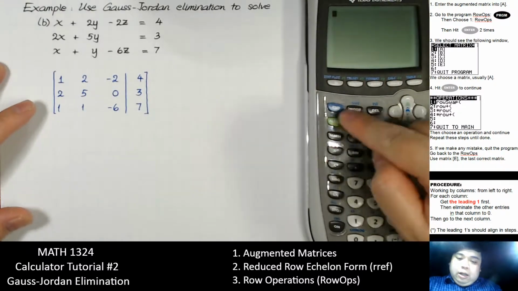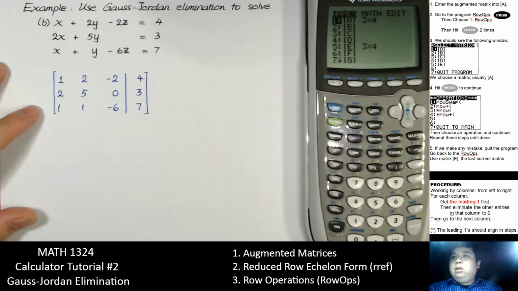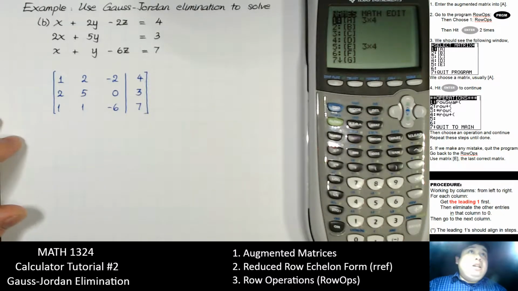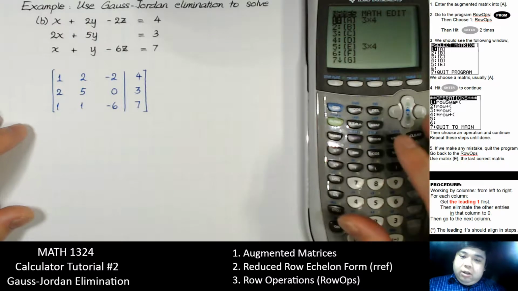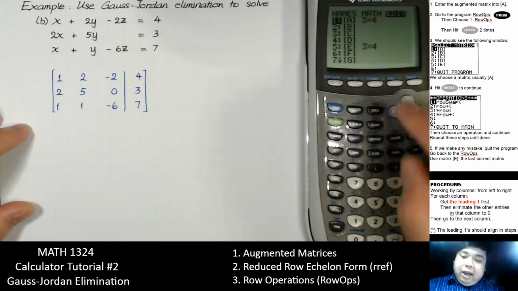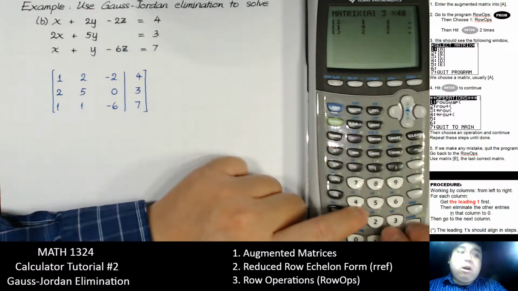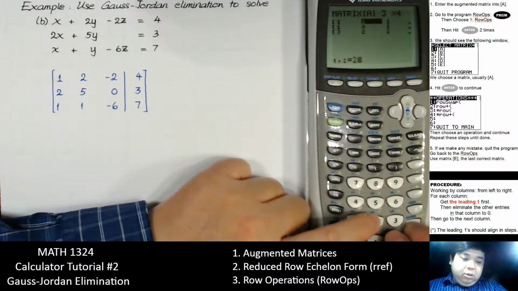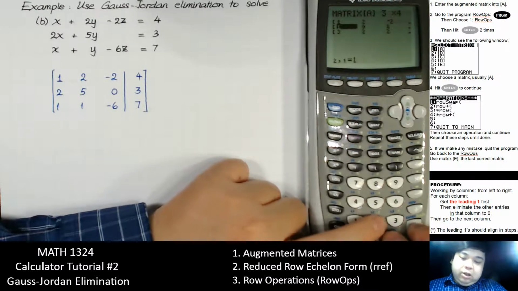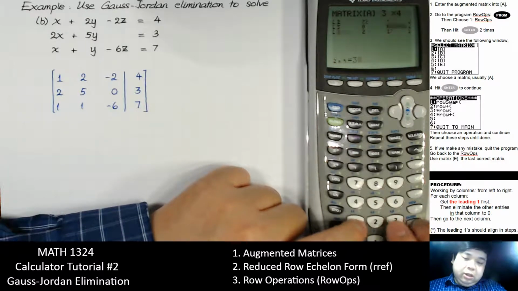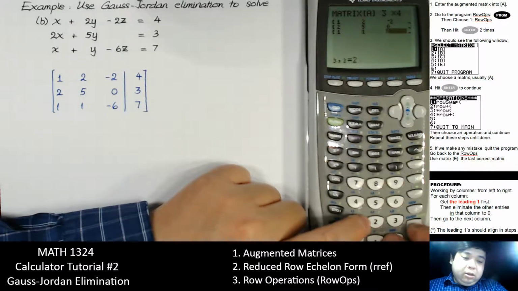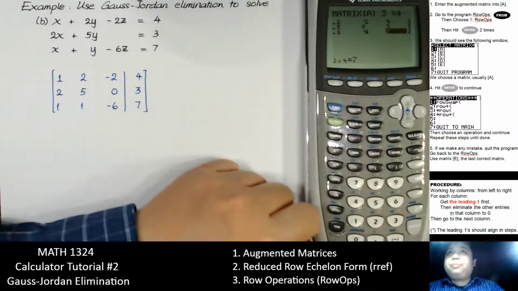I need to put that in the augmented matrix, so put that in the matrix A, say 3 rows, 4 columns: 1, 2, -2, 4, 2, 5, 0, 3, 1, 1, -6, 7.